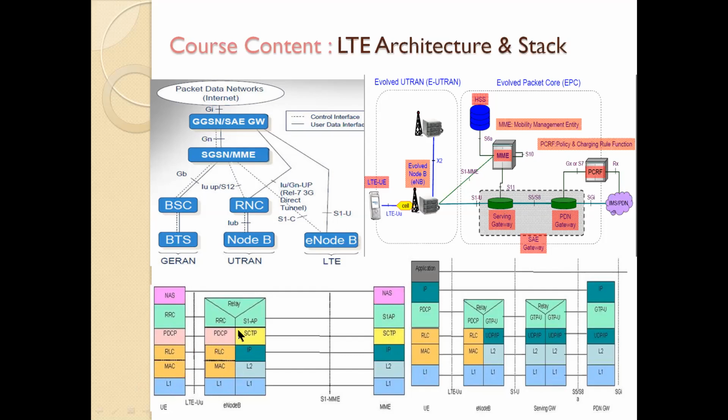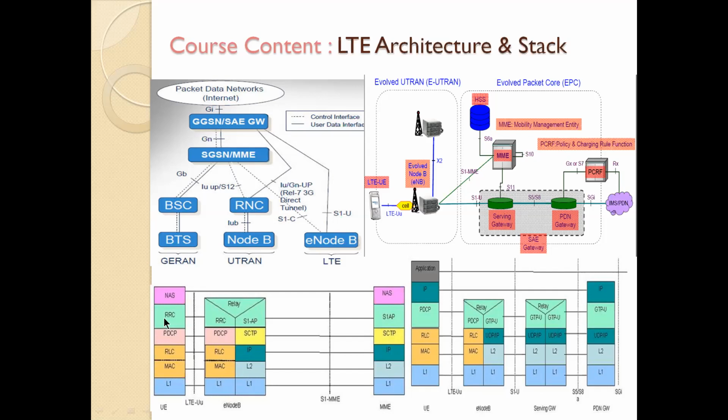Before releasing into the market, there will be a system verification team, a system integration team, and a protocol testing team. There are different protocol testings actually: Wi-Fi protocol testing, Bluetooth protocol testing, LTE protocol testing.